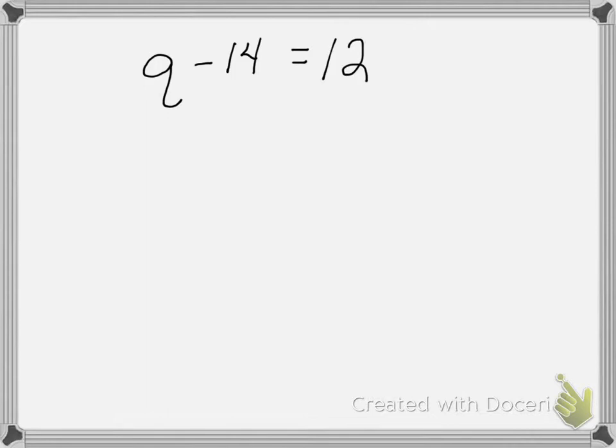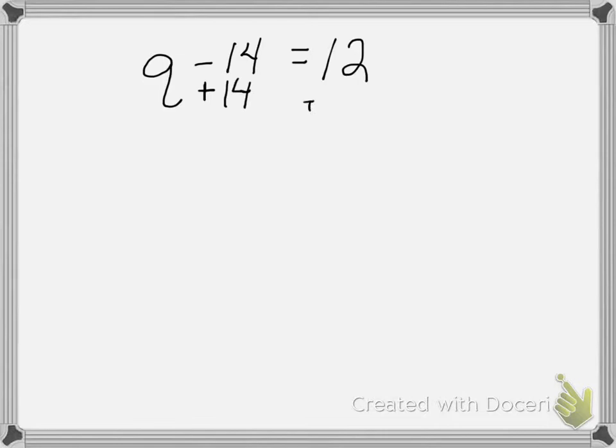Okay, remember, I want to get rid of the number there. I want the variable all by itself. Since it's q take away 14, to get rid of that minus 14, I'm going to have to add 14. In order for my equation to remain true, I have to add the same thing to both sides.